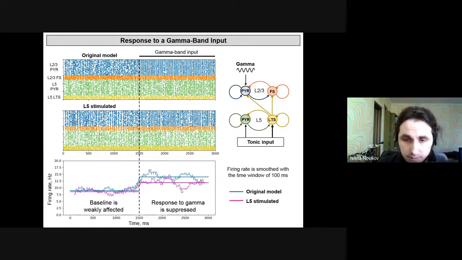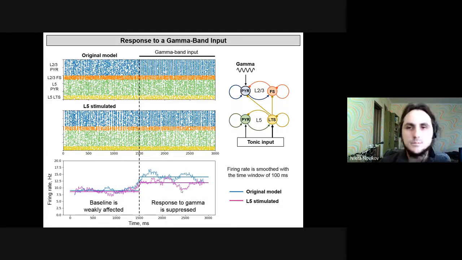And that is, in fact, what we wanted in the first place, because now we have a mechanism via which we can first increase beta power, and second, decrease sensitivity of the cortical column to gamma band input.